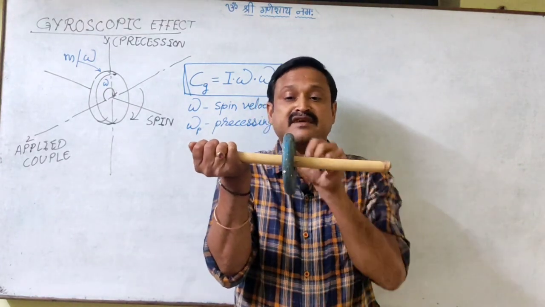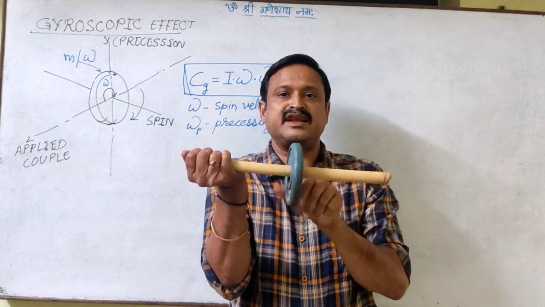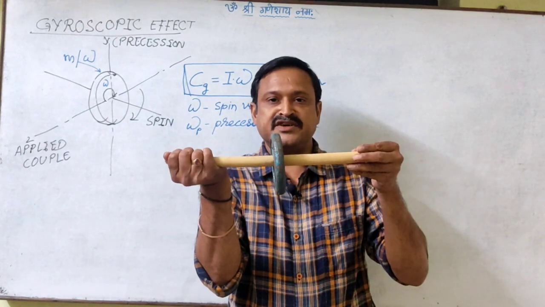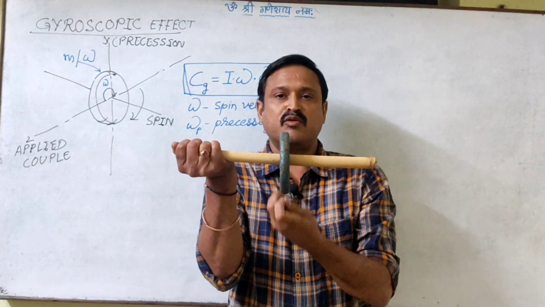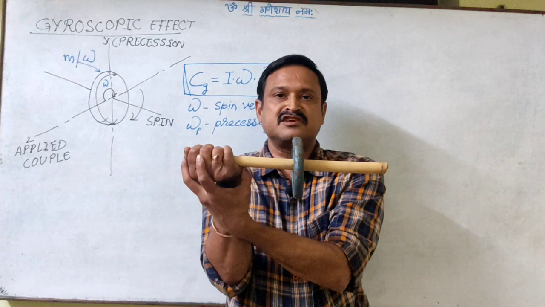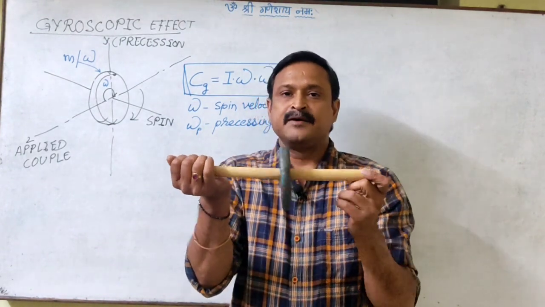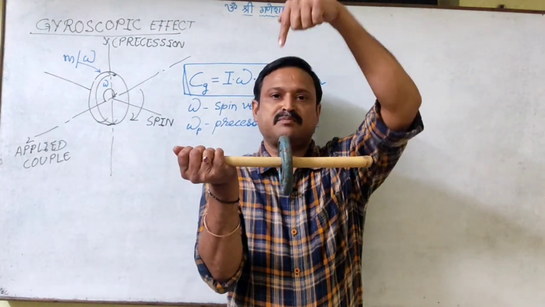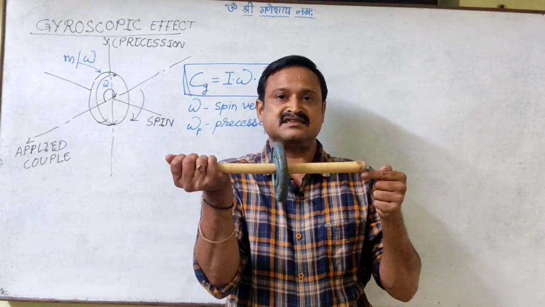So when this disc is rotating at a very high velocity and the support is removed, it will try to fall down. One torque, or a moment or a couple, is getting applied from this point over this pivot point. But instead of falling down, this entire system will start rotating about the third mutually perpendicular axis. So this spin axis is the x-axis.